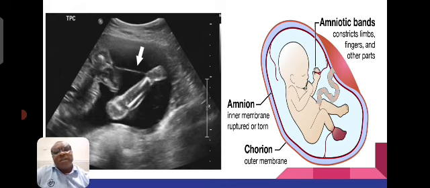On the right, we see the sonographic image. The arrow points to an amniotic band. Unlike the amniotic sheet, amniotic bands are thin and echogenic. So it is important that we identify these membranes early and differentiate them to enable proper surveillance and treatment.